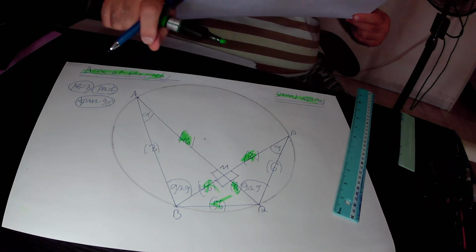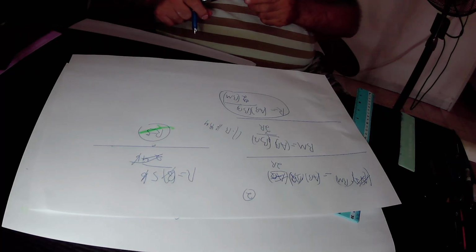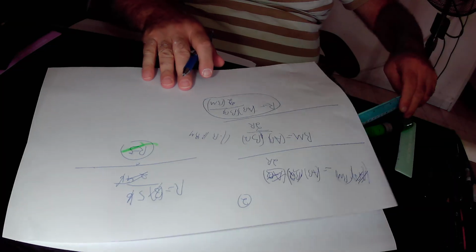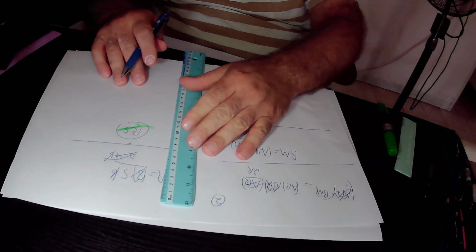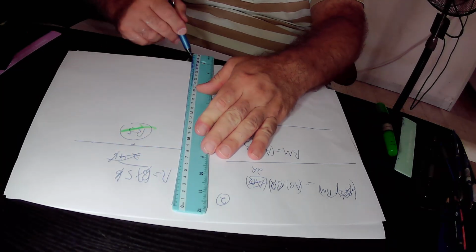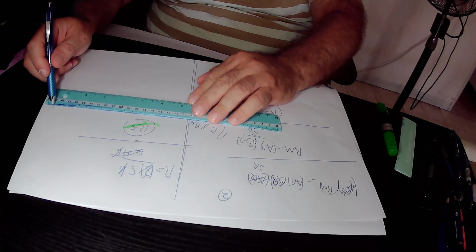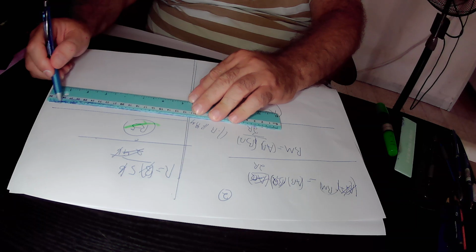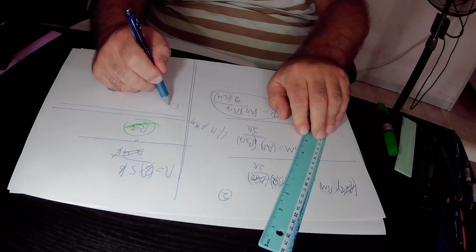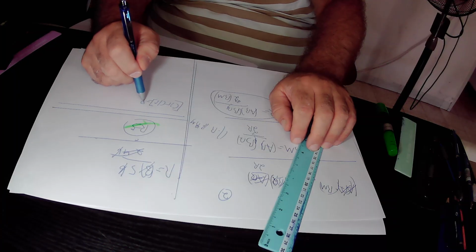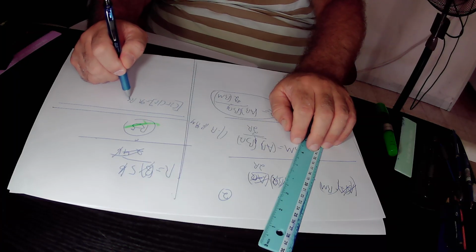Our task is to find out the area of this circle. Actually, we know that the area of any circle is equal to pi times the radius of the circle squared.